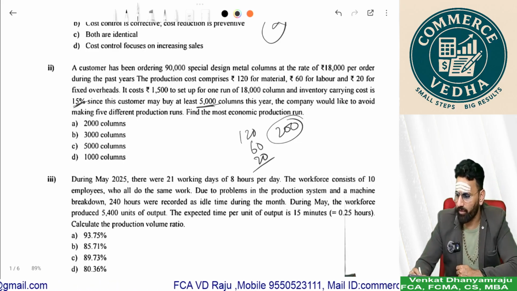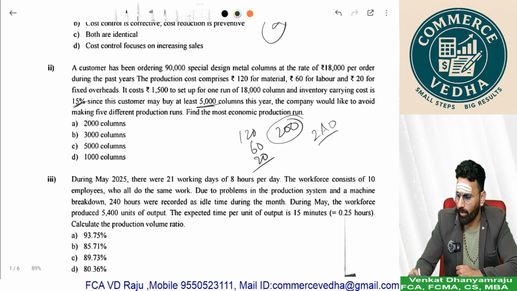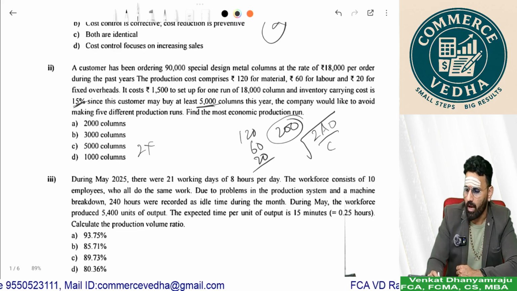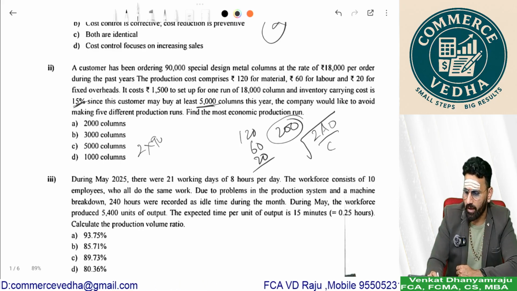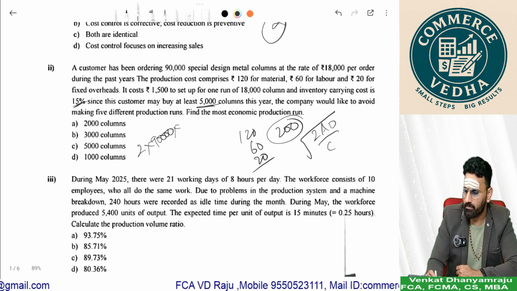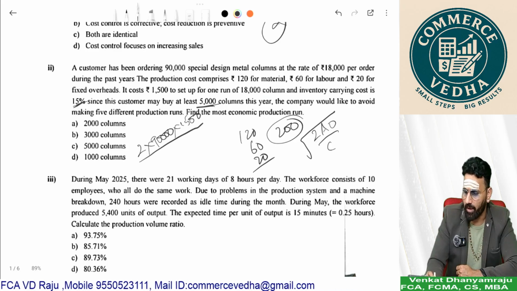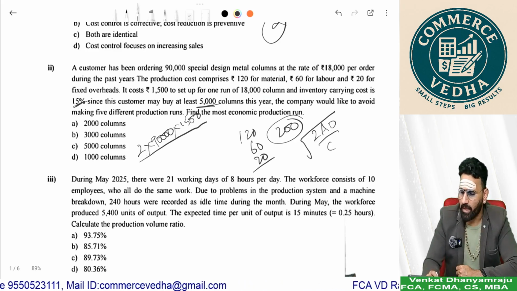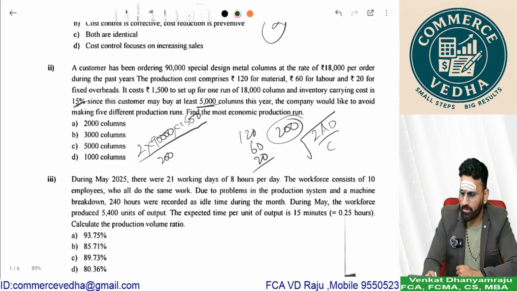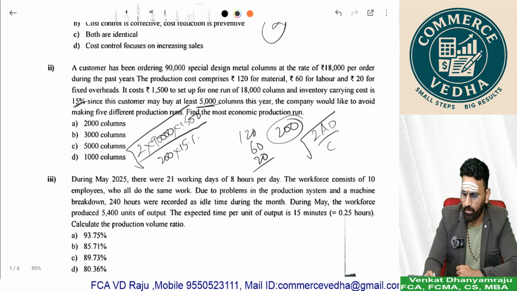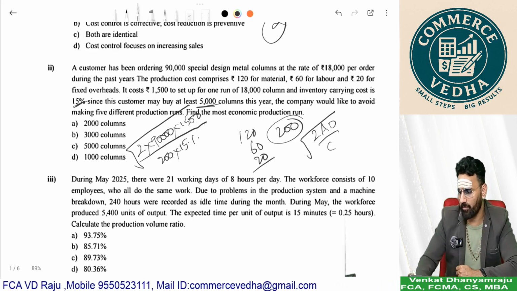We use the same formula, root of 2AO by C. It is 2 into annual demand 90,000 and ordering cost, setup cost is 1500, divided by carrying cost, which is inventory cost, the total cost into 15%, whole root.